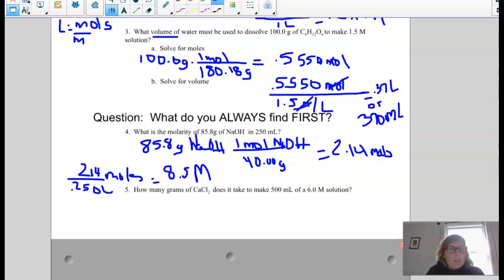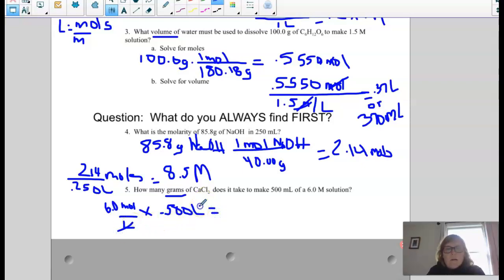So we'll do one more together. It says, how many grams of calcium chloride does it take to make 500 milliliters of a 6 molar solution? So it's asking you to find grams, but you're not going to find grams until you find moles. In order to get moles, you take the molarity, 6 moles per liter, and multiply it by 0.500 liters.